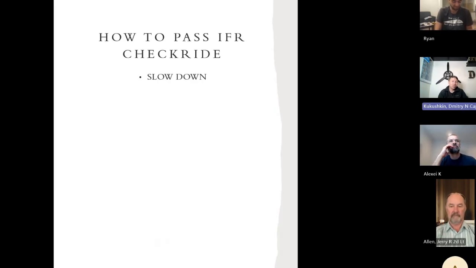When I took my IFR check ride, the only comment from my DPE was, you're flying too slow. And I'm like, yeah, because it's a check ride. That's it. But it's amazing how much simpler it made it.